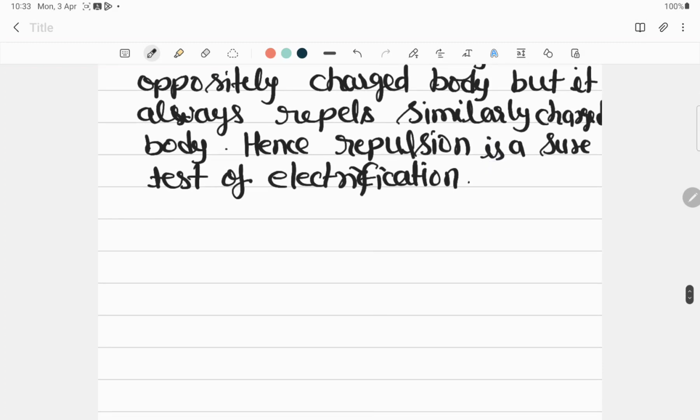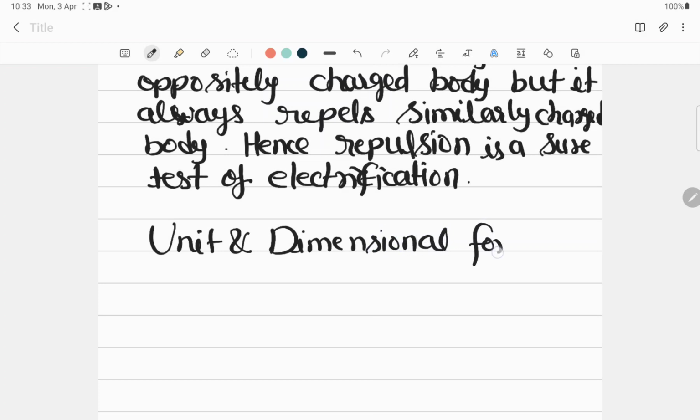Now let's see what is the unit and dimensional formula of the charge.